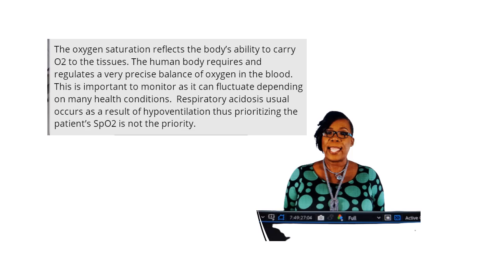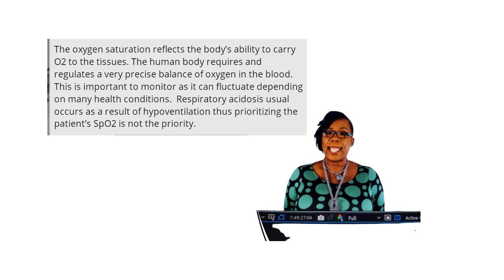The oxygen saturation reflects the body's ability to carry oxygen to the tissue. That's what the O2 sats tell us. The human body requires and regulates a very precise balance of oxygen in the blood.